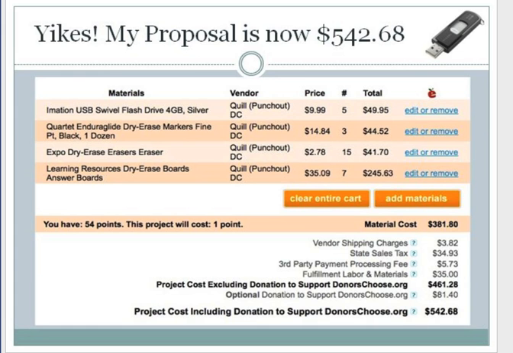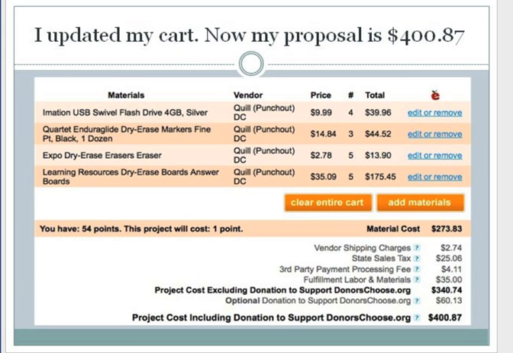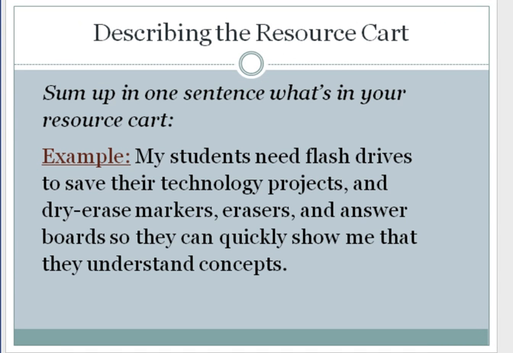And I know that I wouldn't have a good chance of getting it funded. So I went back and I updated my cart. I asked for less items, and then I got my proposal down to $400. So this is an example of what you can do if you go shopping crazy like I do. And you want to make sure before you push the button that your cart has just the right amount of resources. You can always do another proposal.